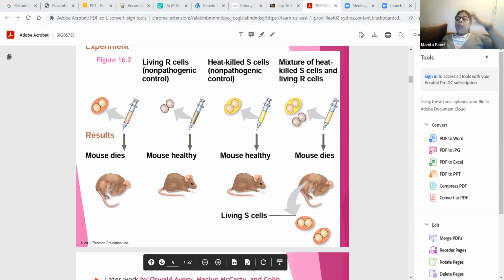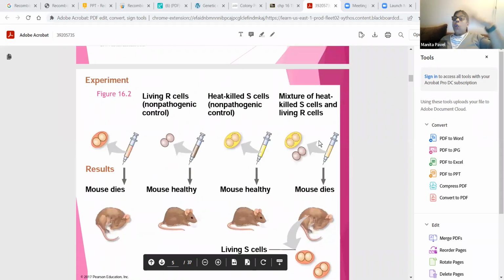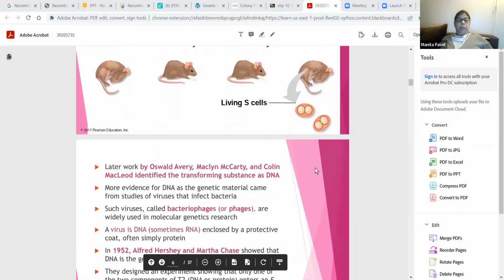When he took a mixture of heat-killed S cells and the living R cells and injected it into the mouse, the mouse died. But when he just heat-killed the S cells, the pathogenic strain, the mouse lived. So he said that there was something that was present that caused the non-pathogenic strain to become pathogenic.